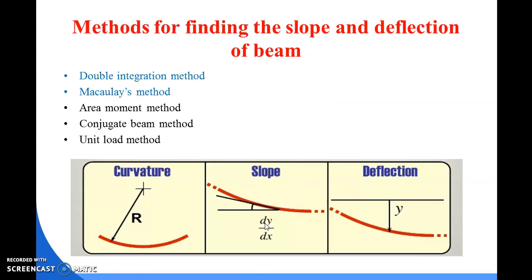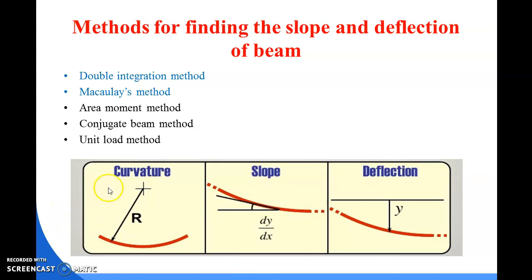Now comes the methods for finding the slope and deflection of the beam. There are many kinds of methods by which we can analyze the slope and deflection value in a beam with various kinds of loading system.